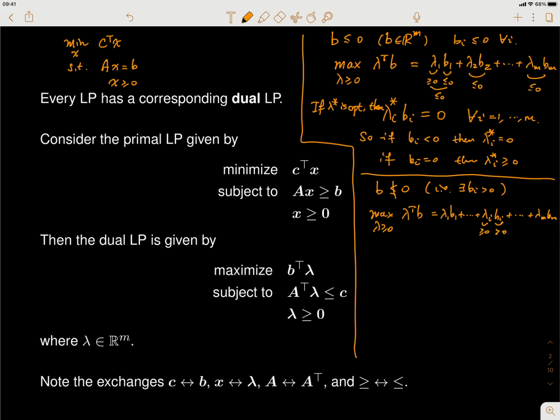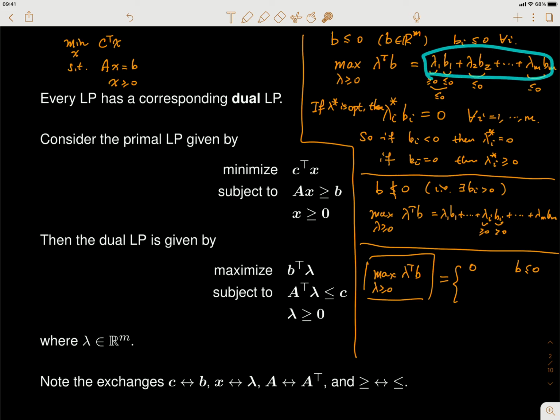Okay, so in summary, when I consider lambda transpose b, maximizing it, this is a function of b, because for every b I can decide what the value of this is. When b is less than or equal to 0, I know the value here must be 0, because I showed earlier that if b is less than or equal to 0, then the best we can get is that everything equals 0.